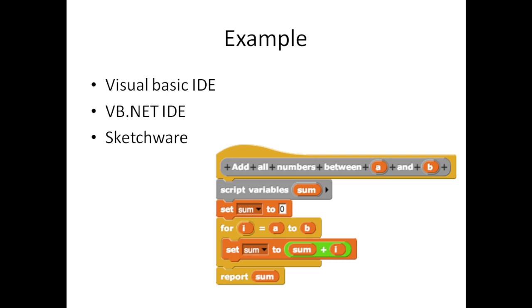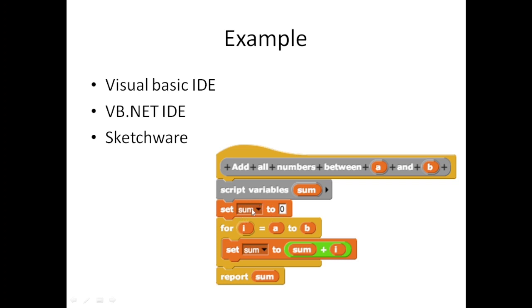Here we are telling it to add all numbers between A and B, okay. A value will be displayed and B value will be displayed. Each and every plus symbol is concatenation, okay. Script variable sum, okay. This value will be shown, and if you look into this part of the visual programming, set sum to 0, okay.